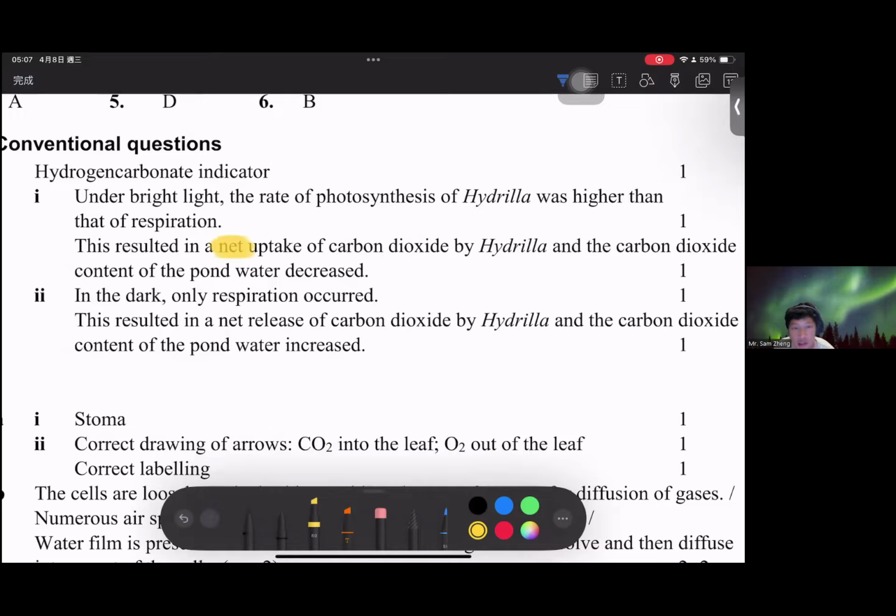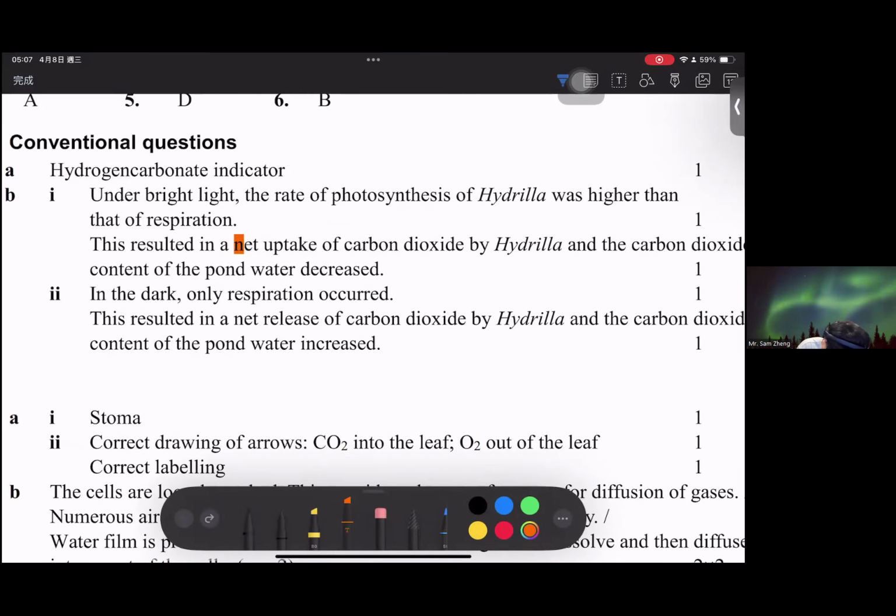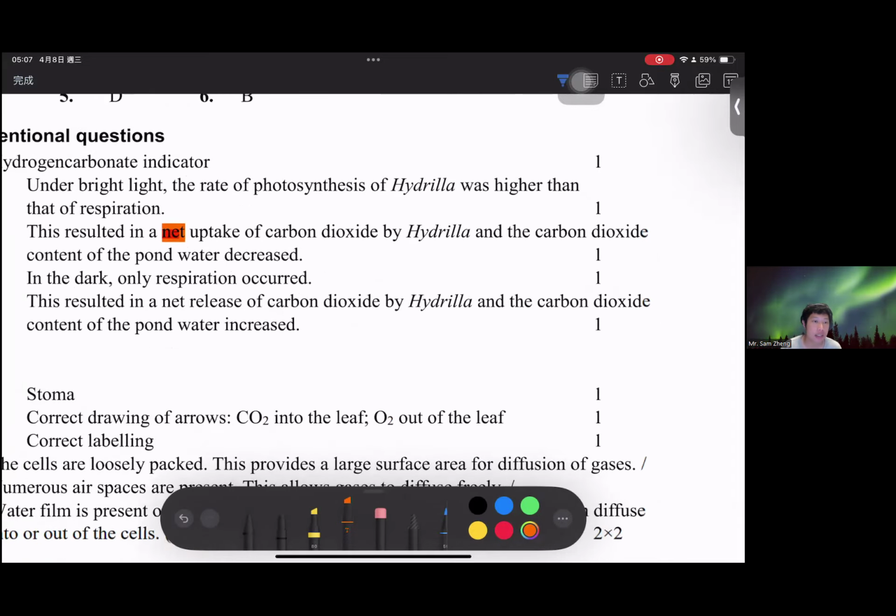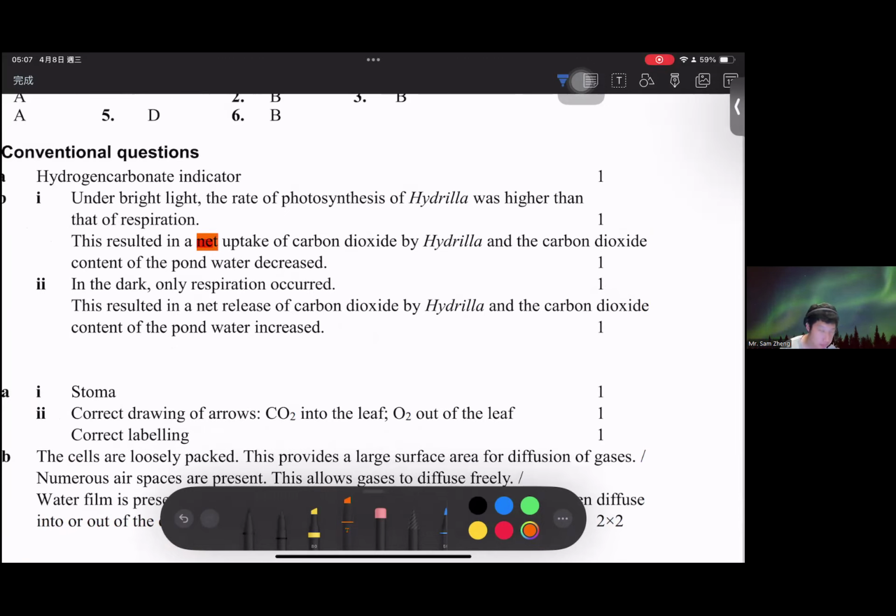The net uptake tells us that the overall amount of carbon dioxide is less than before, because there is a net uptake of carbon dioxide by this plant, and the carbon dioxide content of the water will decrease.